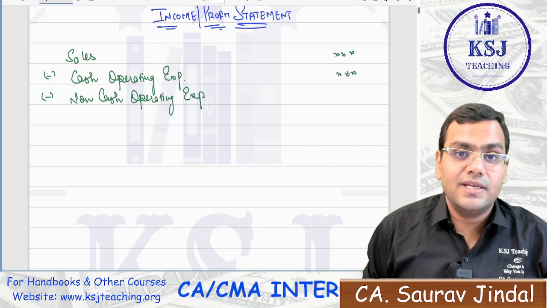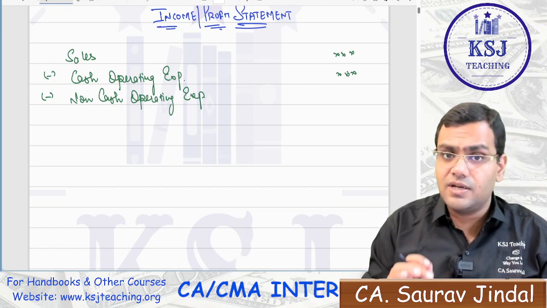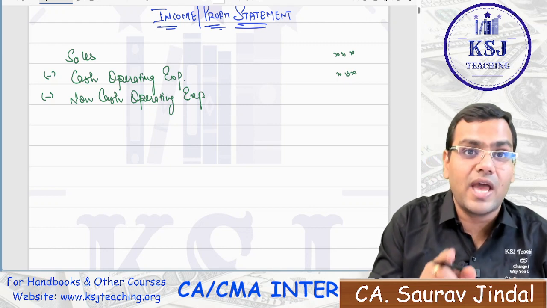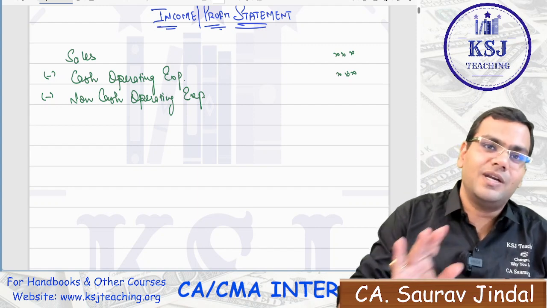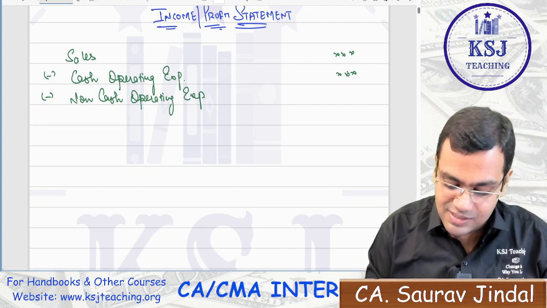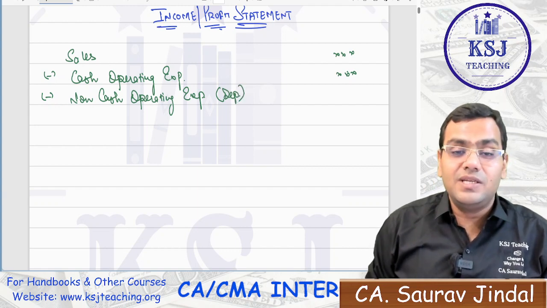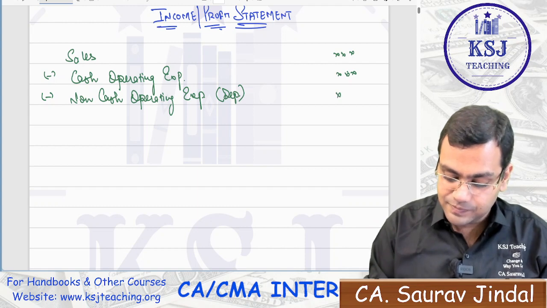It is an operating expense. This expense is related to the business, but it is non-cash. Non-cash means there is no actual cash outflow in this case, but still it is an expenditure. How is it possible? Depreciation is the biggest example of the non-cash operating expenses.